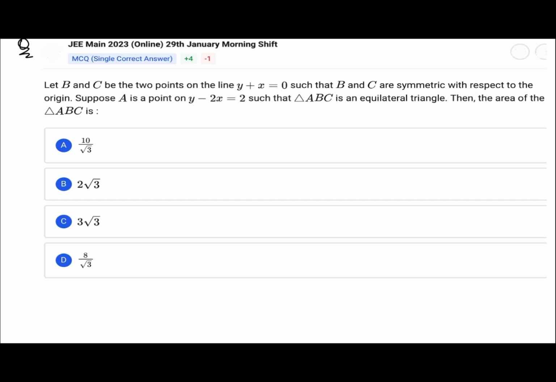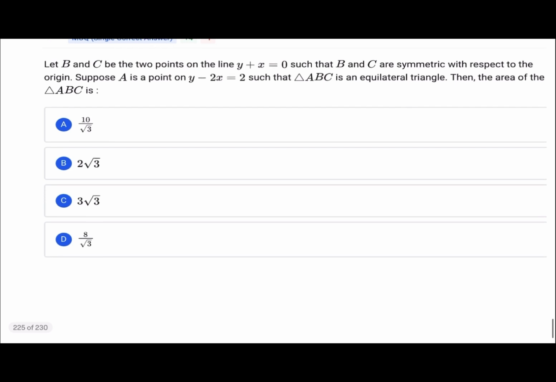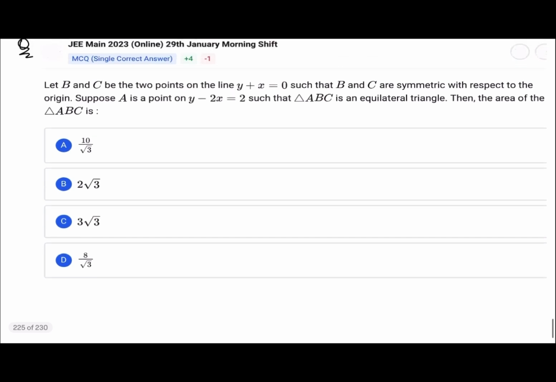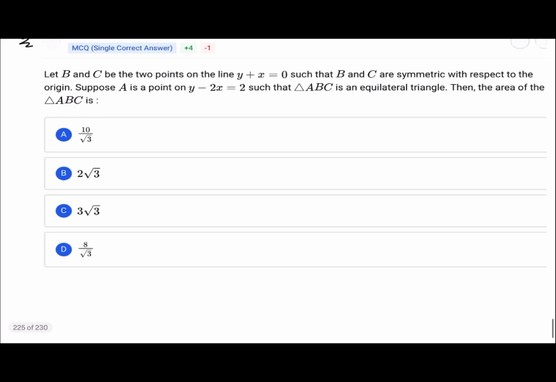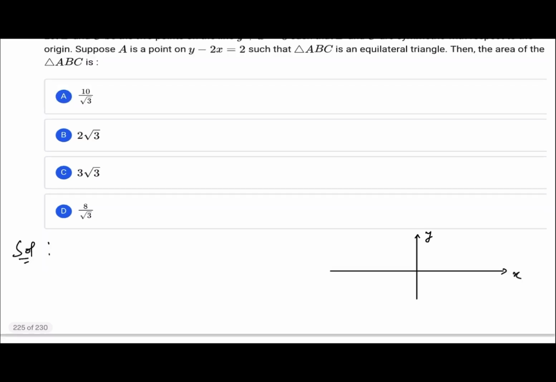Okay, now what is the situation, I am trying to show by diagram as well. In the question it is given that side BC is along y plus x is equal to 0. See, this is the y plus x is equal to 0 line.